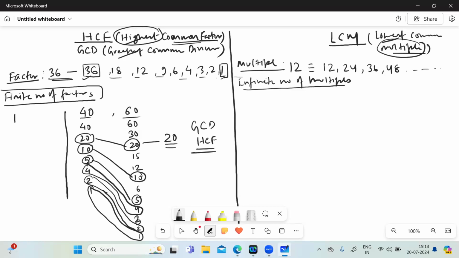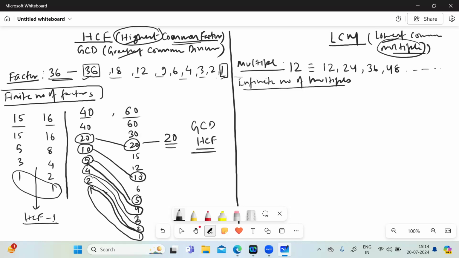Like, let's say if I have 15 and 16, the factors of 15 are 15, 5, 3, 1. For 16, the factors are 16, 8, 4, 2, 1. So we see there is no common factor other than 1. So we have just 1 as a common factor, and that's why the HCF is 1 only.